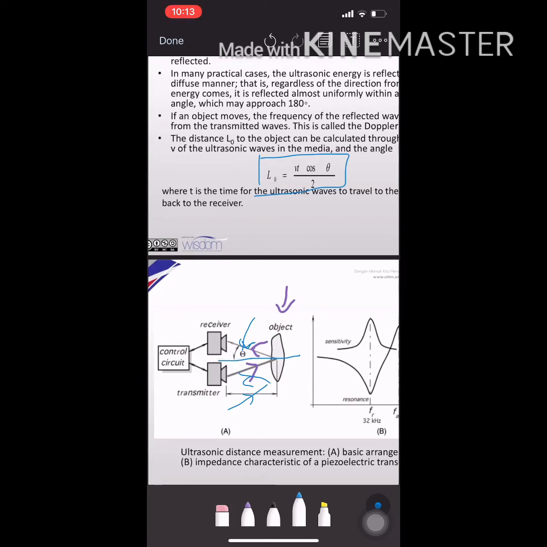When the transmitter and the receiver are positioned close to each other, of course the angle will be smaller, so cos theta will be equivalent to 1.